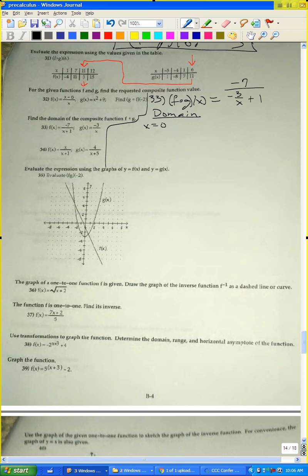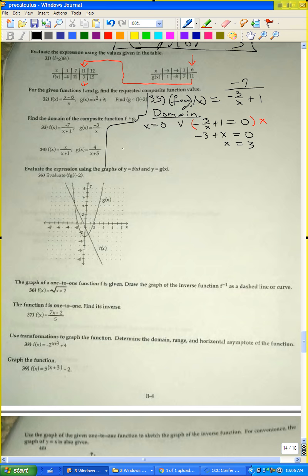Okay, so I want to set the denominator to 0. So set x to 0. That's one part of the domain. And you want to set negative 3 over x plus 1 to 0. So multiply everything by x. So you get negative 3 plus x is 0, so x is 3.